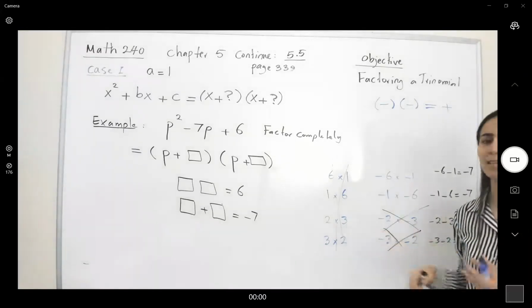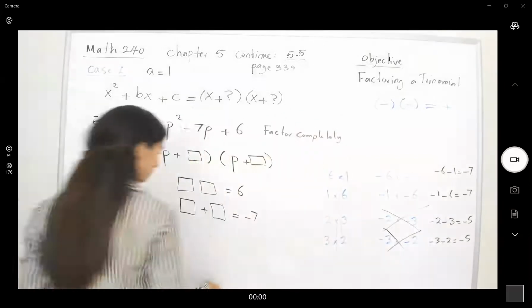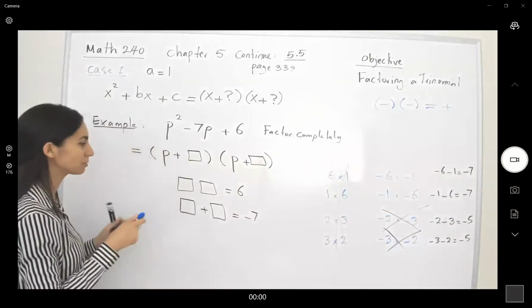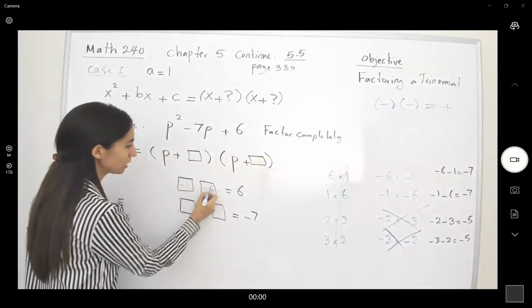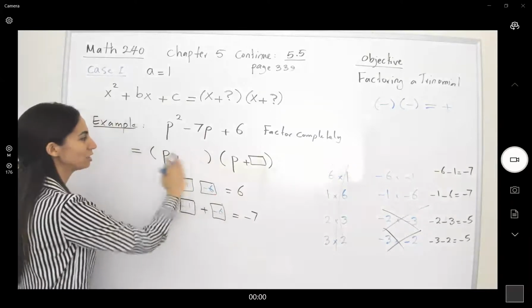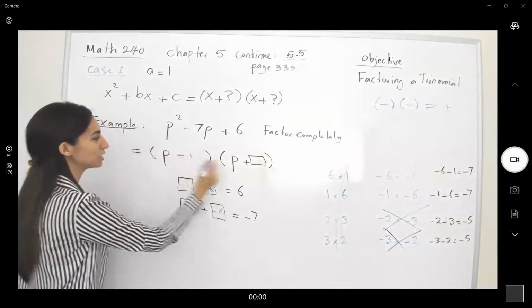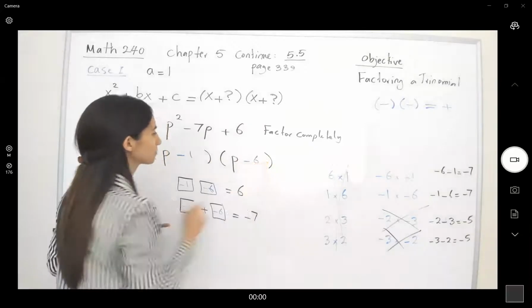That's why I said the order is not important. So you have p minus 1, p minus 6.